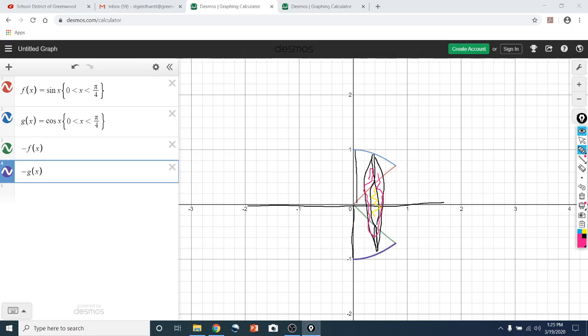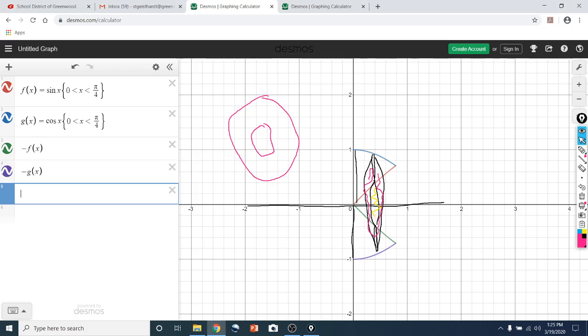So if we look at some circles, quote unquote, essentially to find the area of this, we're just going to take the big minus the small.